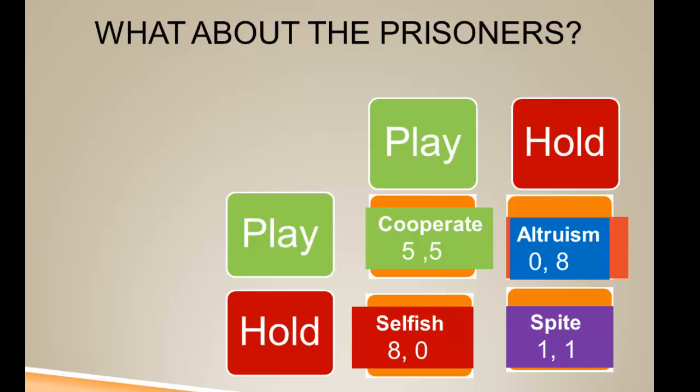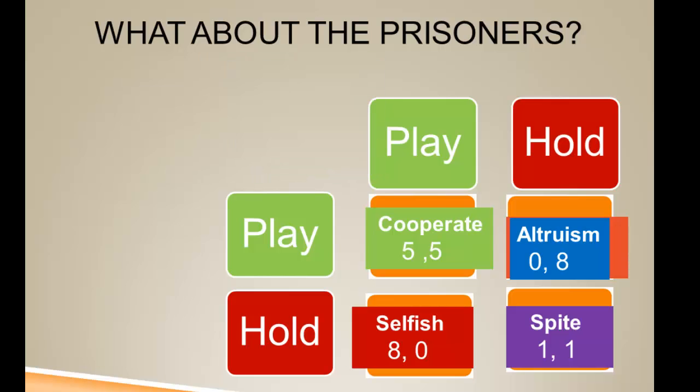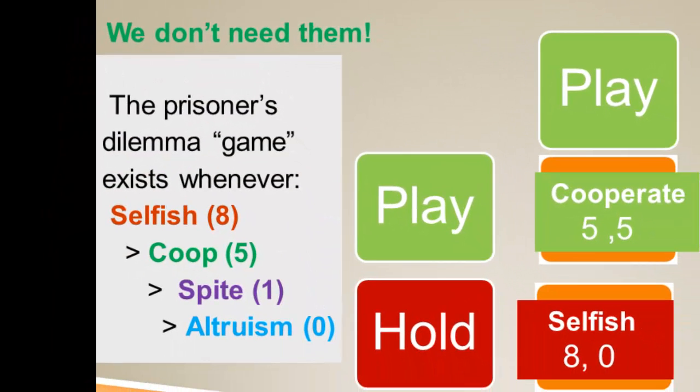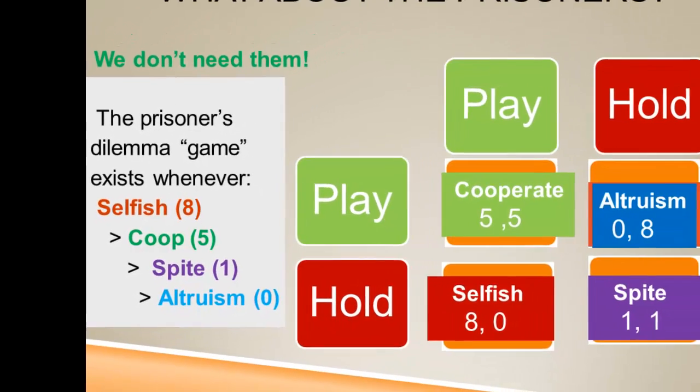Now, you might be saying at this point, well, what about the prisoners? Isn't this the prisoner's dilemma? And the answer is we don't need the prisoners. We don't need the story about them. What's called a prisoner's dilemma is any game, any two-player game like this, where the numerical points are counted such that the selfish play from an individual perspective gets a higher return than the cooperative play, which gets a higher return than spite, which gets a higher return than altruism.